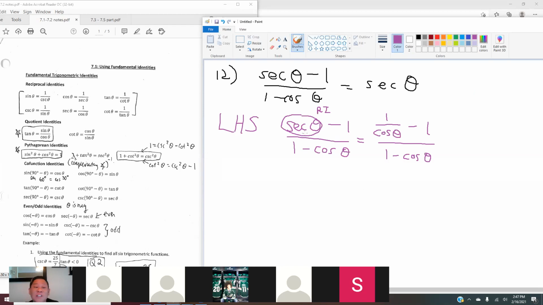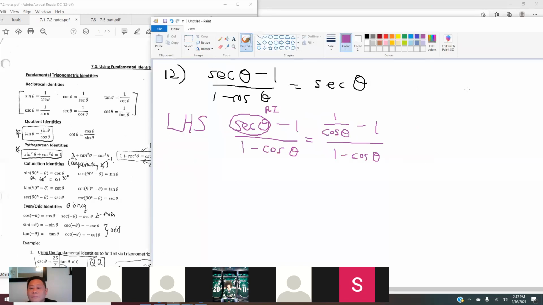Anyone know what to do? I changed the secant to become reciprocal, 1 over cosine. Anyone know what to do next? You have to multiply it by the denominator. So you want to make this the same LCD because you're adding, subtracting fractions. So what is the LCD for this case?